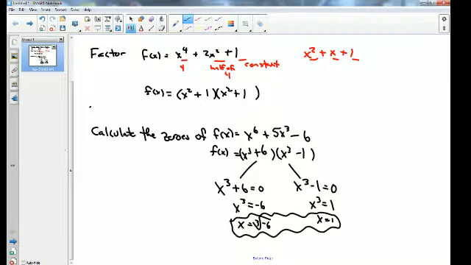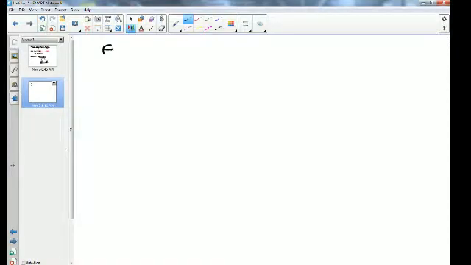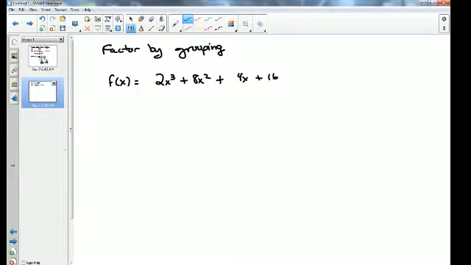Okay, let's talk about factoring by grouping. I think that's going to work.